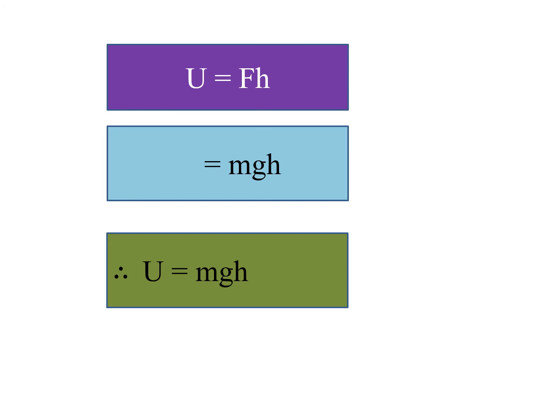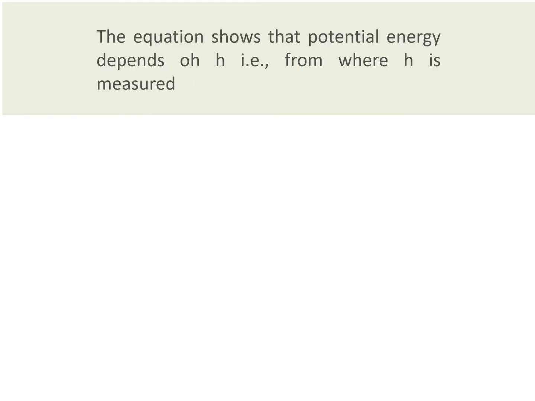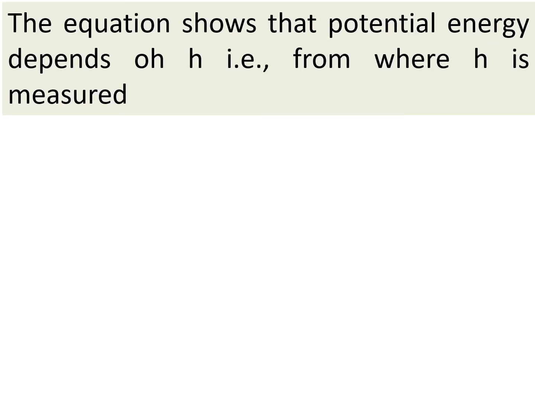For doing mathematics, you have to remember this formula. If you know mass of any object and height of any body, you can find out the gravitational potential energy. Now, my dear students, the equation shows that potential energy depends on h, height.